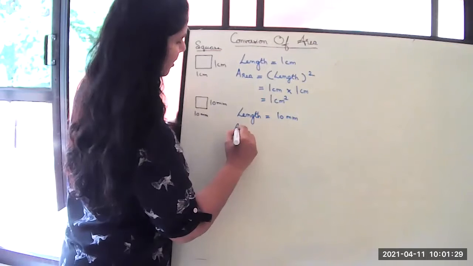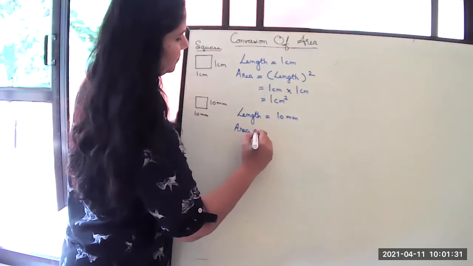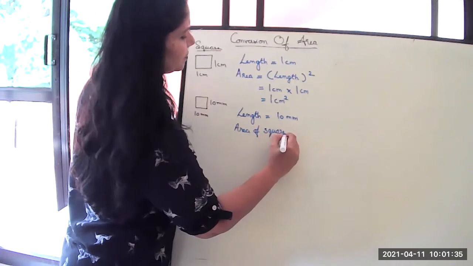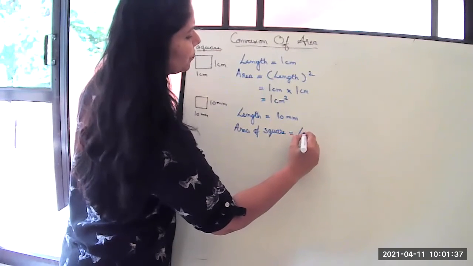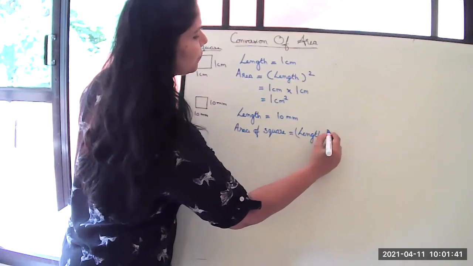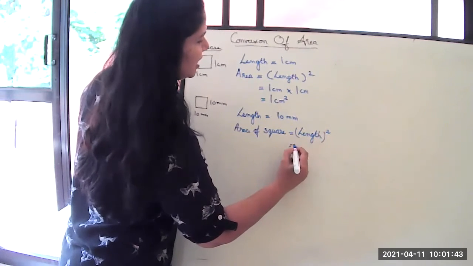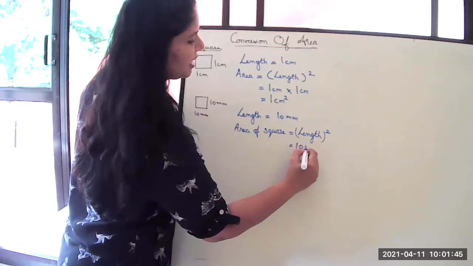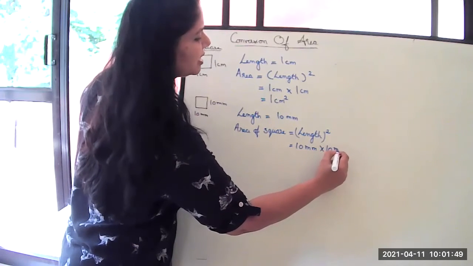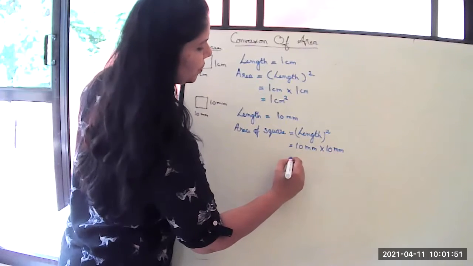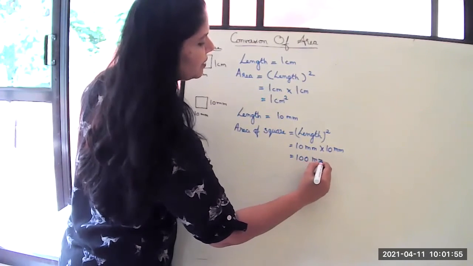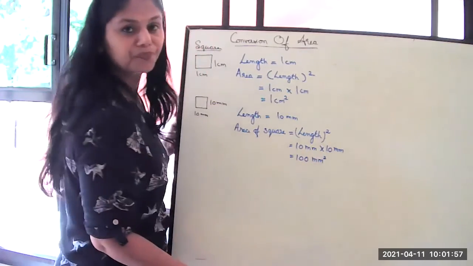So the area of square is equal to length, the whole square, that is equal to 10 millimeter multiplied by 10 millimeter, which is equal to 100 millimeter square.